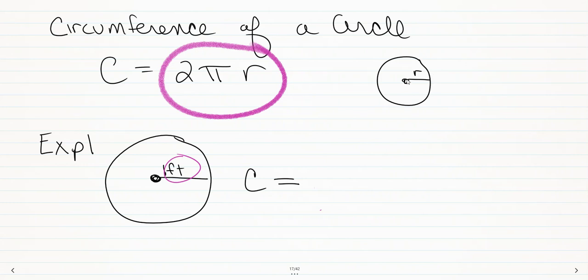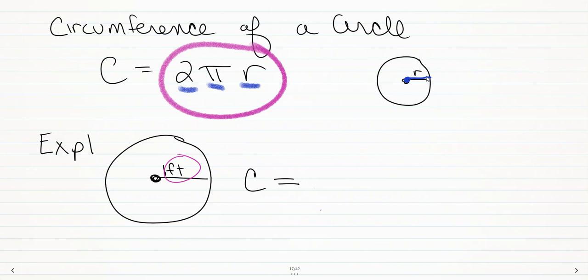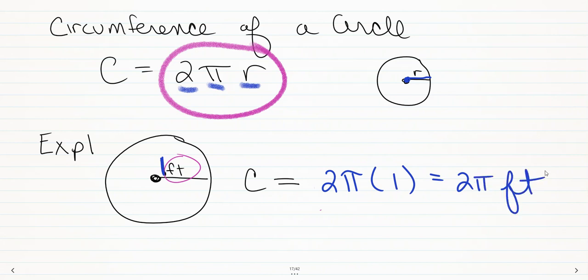So if the radius of the circle is given, the circumference can be found by multiplying 2 times pi times that given radius. The radius is the distance from the center to the outside. So for example, if we had a radius of 1 foot, the circumference would be 2 times pi times 1 foot, or 2 pi feet.